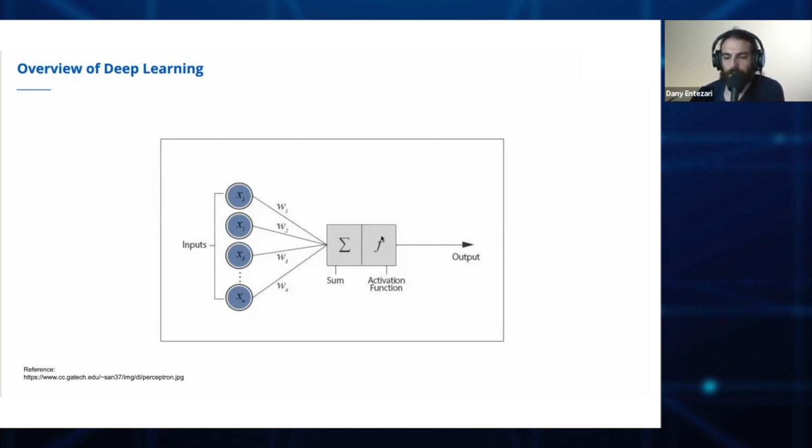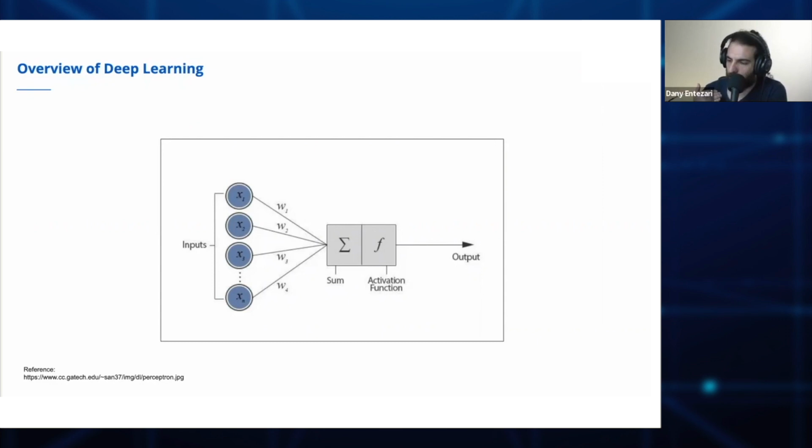Now, this activation will be fed into what we call an activation function. And an activation function is basically a function that will determine the threshold of the signal. So if the signal is strong enough, we'll pass it on to the next perceptron.